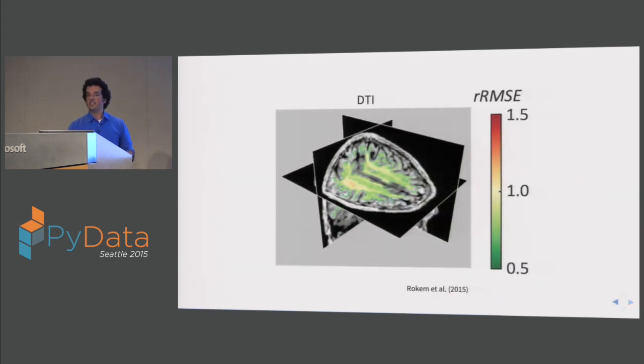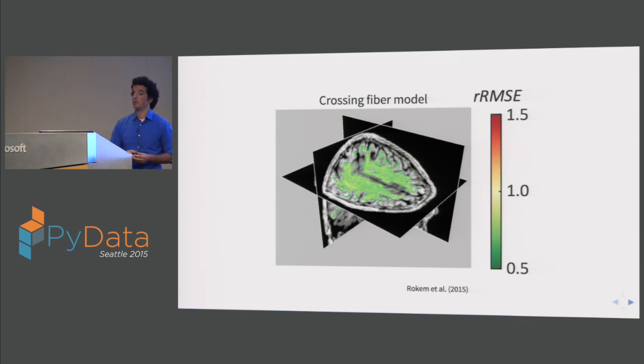And that's the reason that DTI, or diffusion tensor imaging, this tensor model, doesn't perform very well there. It can't really handle crossings of fibers. But other models that do take into account crossings of fibers can actually perform quite well there. And we have models that account for the data better than test-retest reliability in 99.9% of the voxels in the brain. So we actually have quite good models for this kind of data.